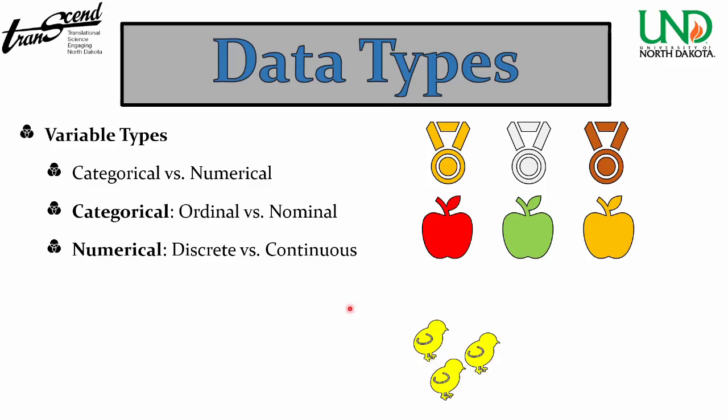You can have 3 chicks. And then continuous is numerical, but it's decimal. It can have any sort of decimal value. Height's a good example of that. You can have 7 meters, 7.1 meters, 7.01 meters, etc. Really, the fineness of a continuous variable comes down to the measurement accuracy. And you can see there could be a fair amount of overlap between the two depending on your measurement.